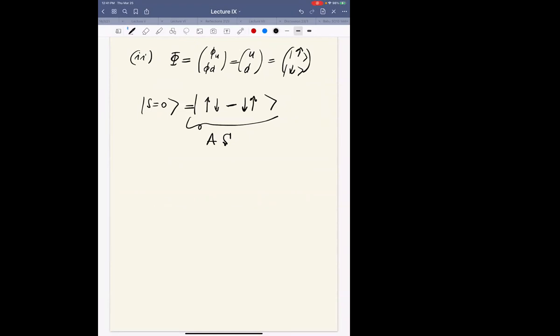You must anti-symmetrize. What we are really saying is that if I have a doublet, which is 2 component, times another doublet, that's 4. What is it? It's 3 plus 1. This is anti-symmetric, and this is the symmetric state.